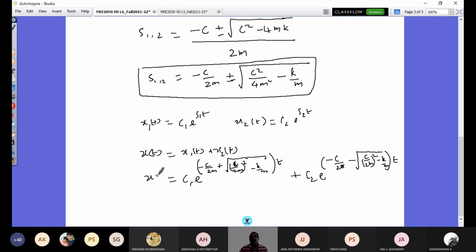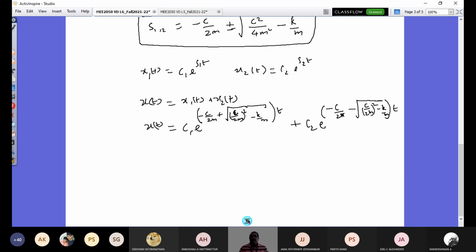That's my x of t. Here c1 and c2 are arbitrary constants, which can be determined from the initial conditions that we are very much familiar with.